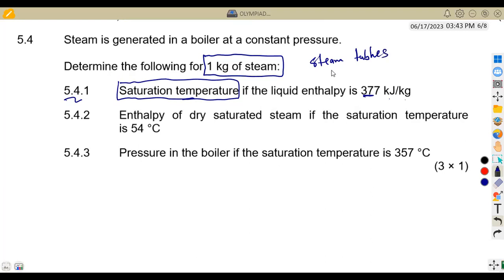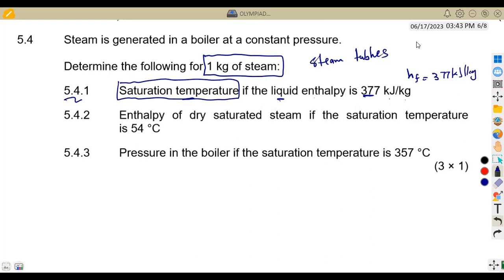So what you ask yourself is, what am I given? I'm talking about saturation temperature, which means you're talking about water. This is the enthalpy of liquid, which is HF. So we are given HF as 377 kilojoules per kg.